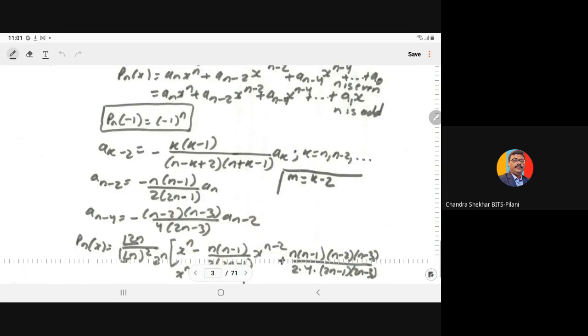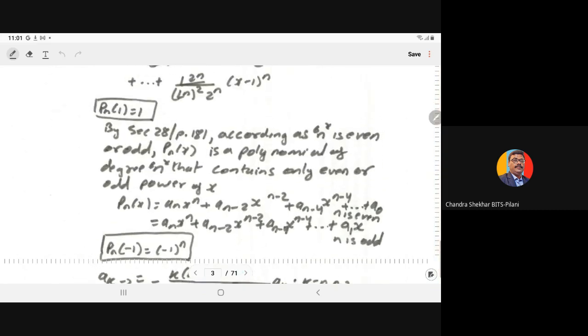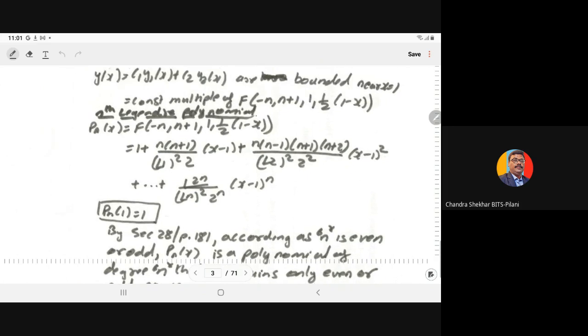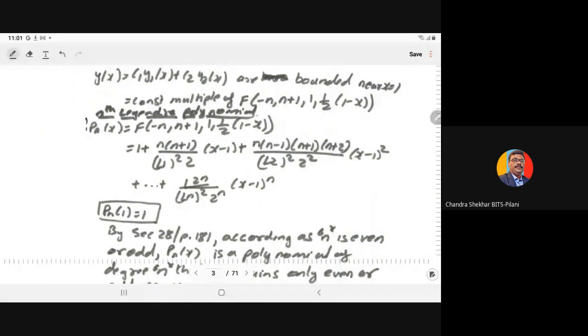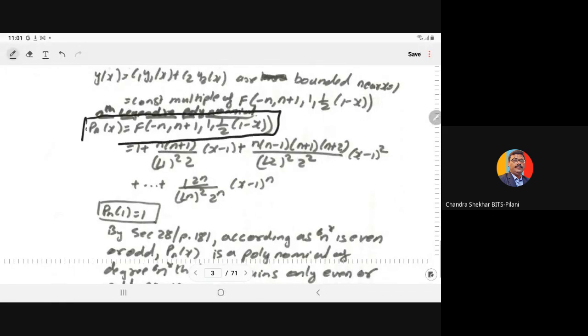From here, we have one conclusion that the solution of the given Legendre equation is the Legendre polynomial, and it is given by this formula in terms of the hypergeometric function F of minus n, n plus 1, 1, 1 by 2 into (1 minus x).